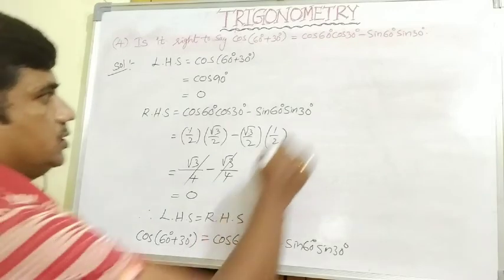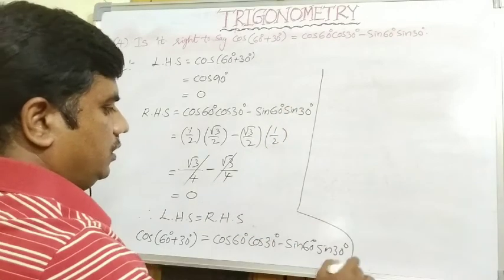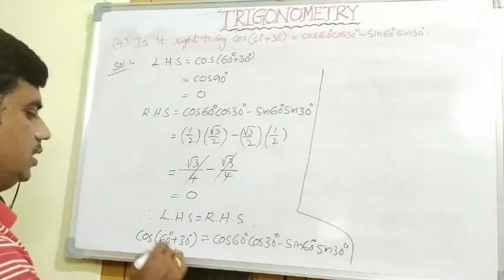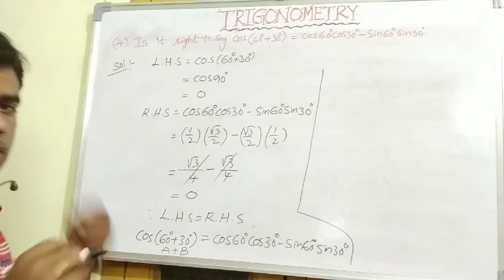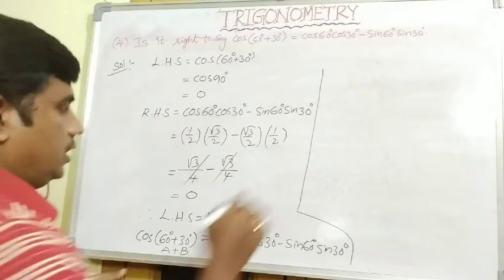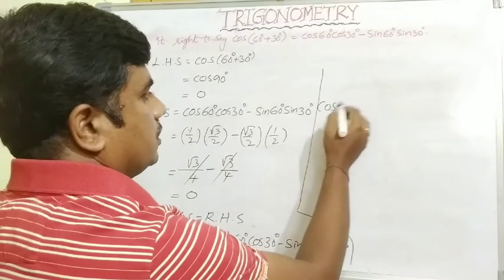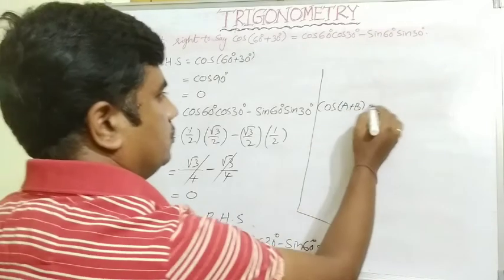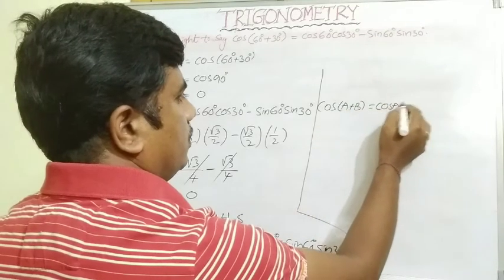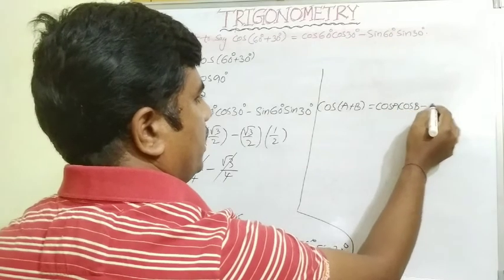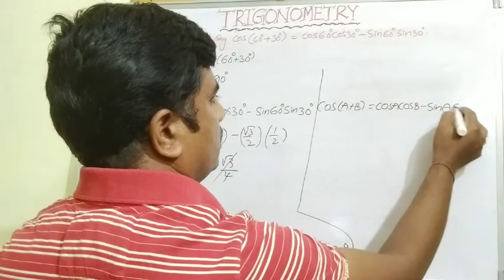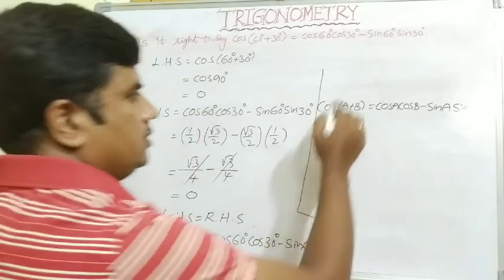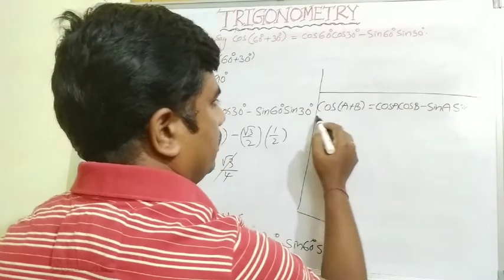This is also one formula in trigonometry. Let 60 degrees be angle A and 30 degrees be angle B. Then we can write cos(A plus B) equals cos A cos B minus sin A sin B. This is one formula in trigonometry.